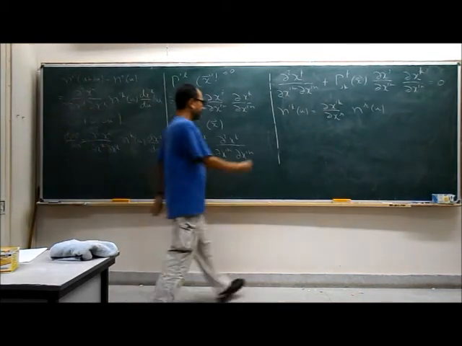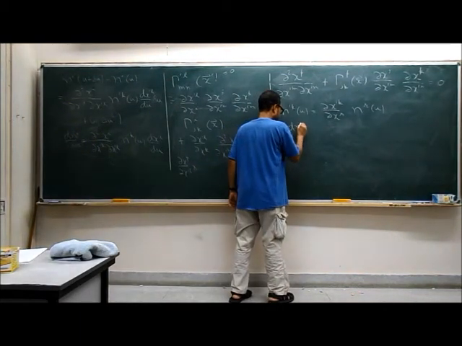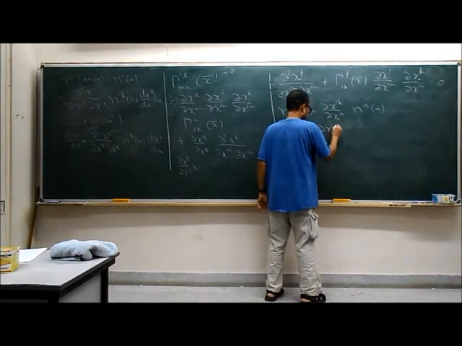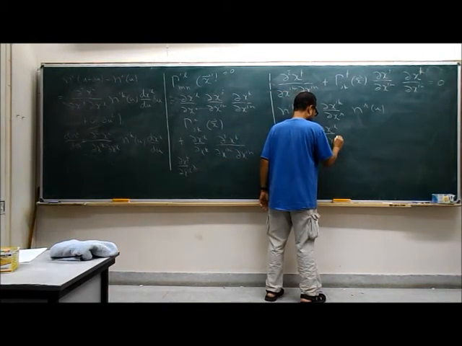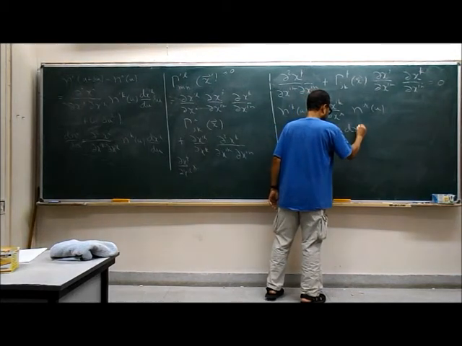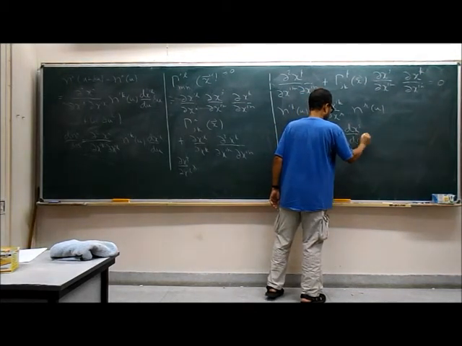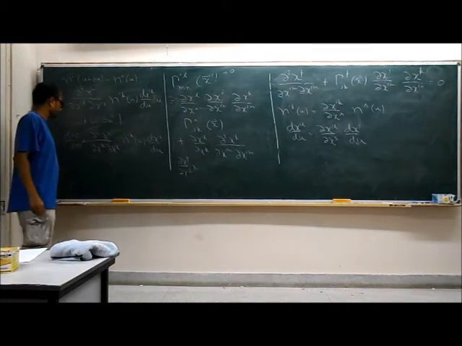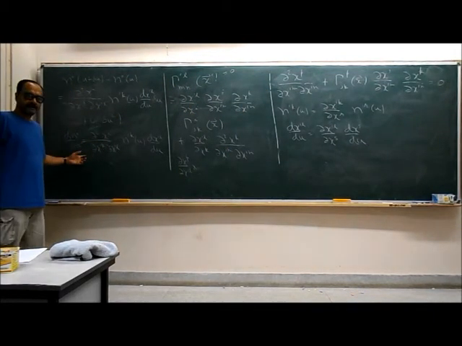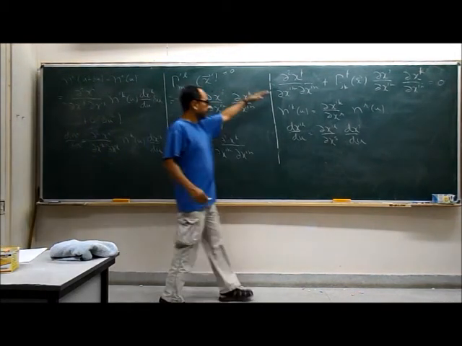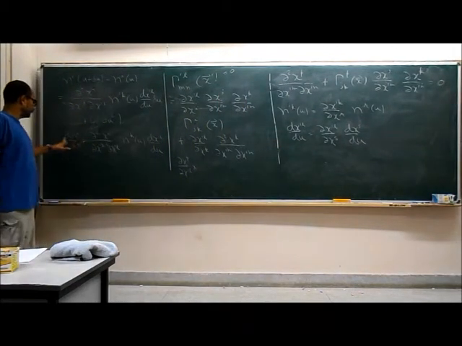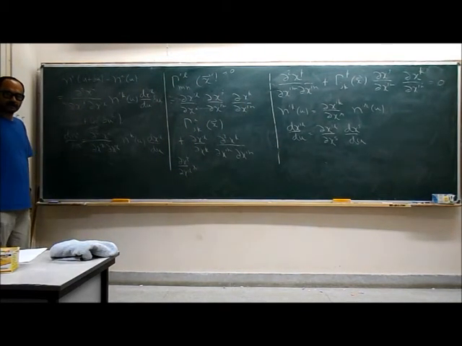And finally, dx prime l du is del x prime l over del x s, dx s du. So just substitute everything into this expression. All three that we have there, we just substitute and that gives you an equation for dN i.